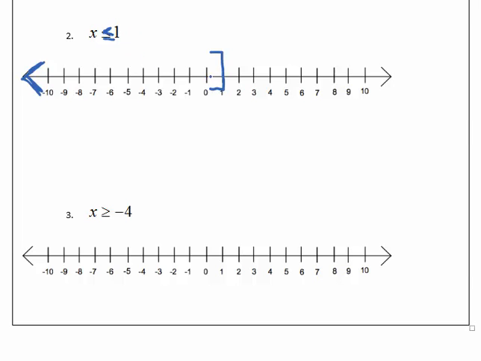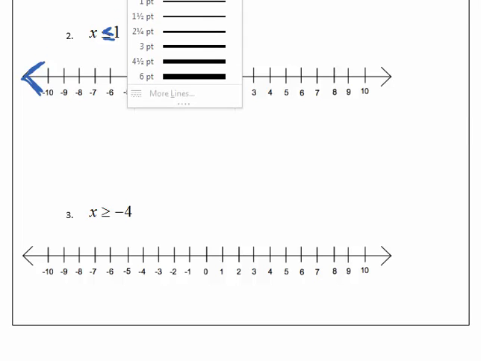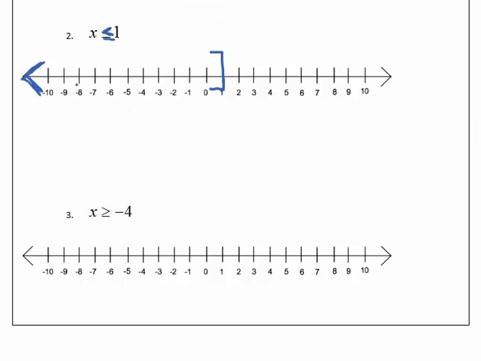Everything less than 1 on a number line, that's everything going this way, right? Just the way that arrow is pointing as well. So that's one way you can think about it. I'm going this way. Everything less than or equal to 1. So because of the or equal to, that's why I'm using the bracket in this case. And I'm going to shade everything from 1 going back.